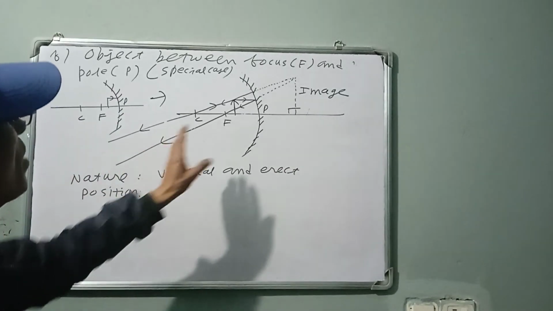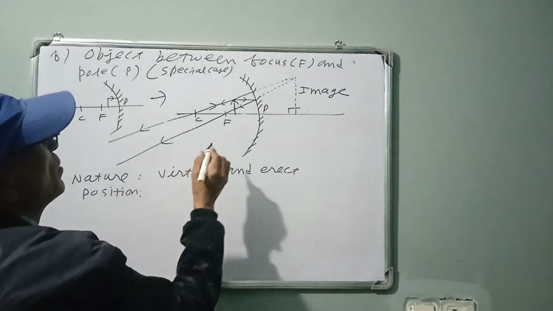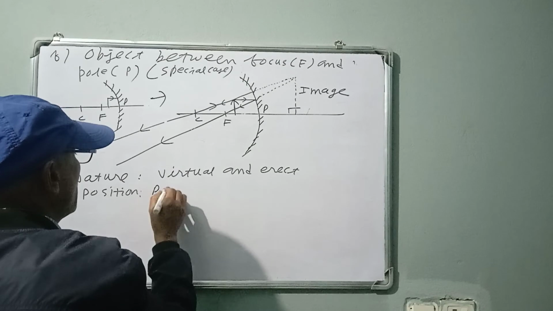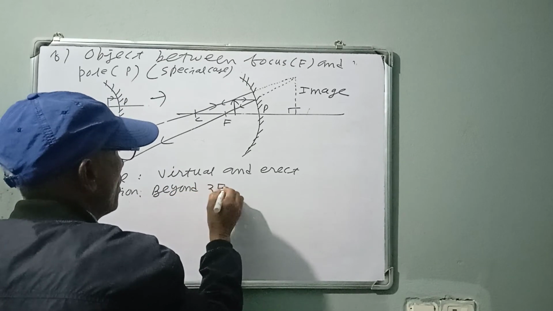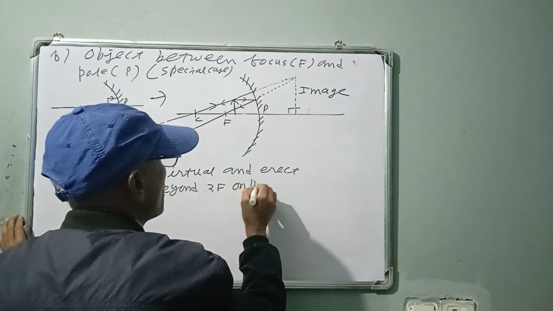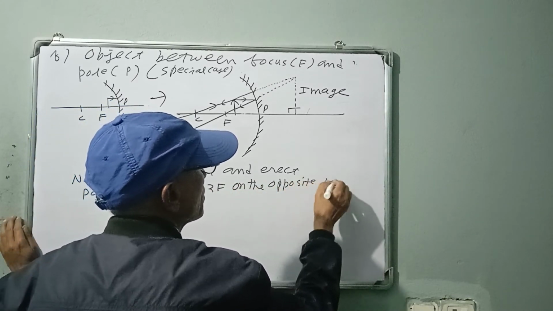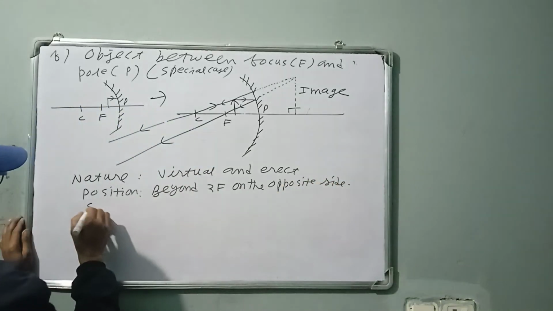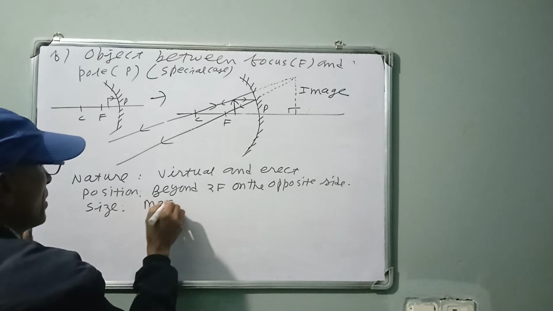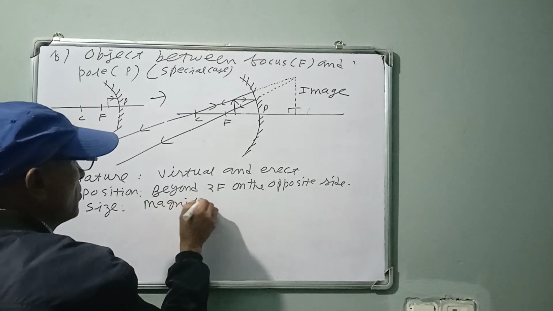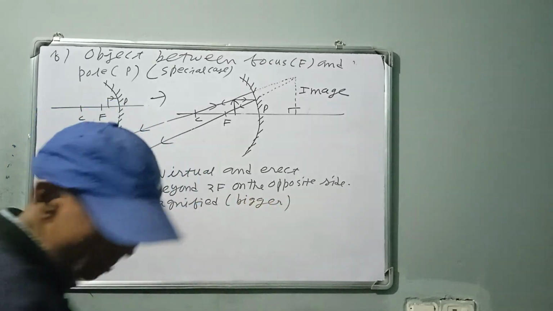Position. Where is the image formed? The image is formed just on the opposite side, beyond 2F or F on the opposite side. What is the size of the image? The size is magnified. Magnified means bigger than the object.